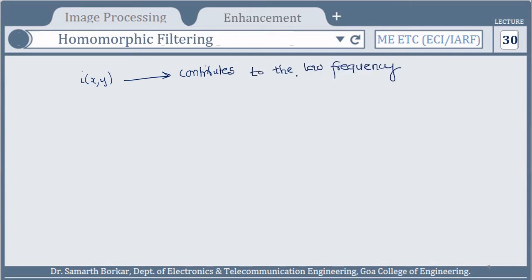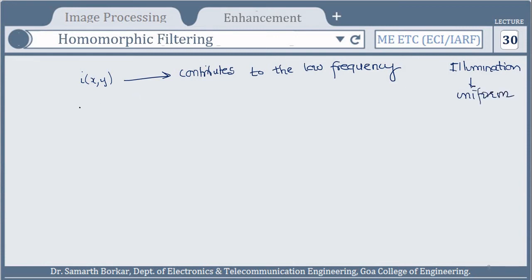Why? Because the illumination is more or less uniform, and we know what a low frequency component is, which is not varying, which is providing you the average information. So here we can say the illumination is more or less uniform.